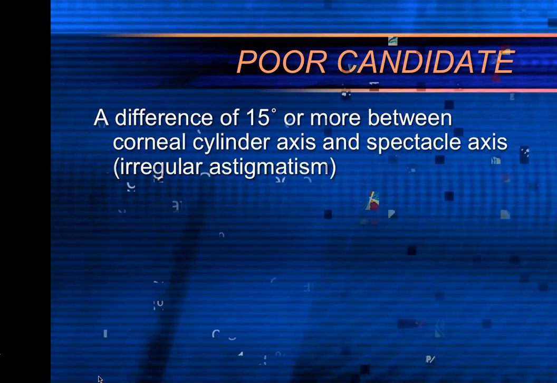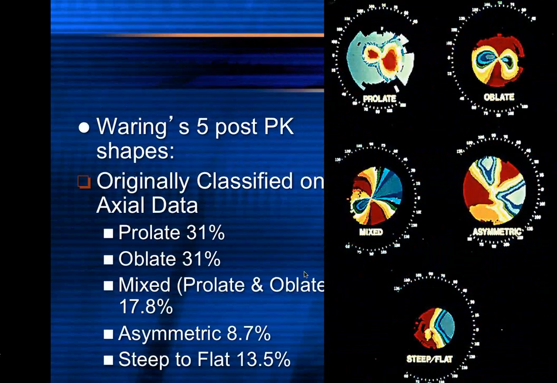And I'll show you, this is from Loretta Shaka Flynn, and it shows Waring's 5 types of topographies with post-penetrating keratoplasty corneas. And you can see the types of corneas that you will see. We'll make note of the mixed astigmatism middle left, which about 18% of post-PK patients have, and that's fairly symmetrical when you look at that. You see this meridian and this meridian.